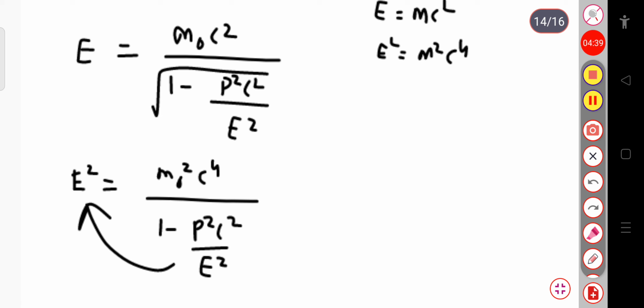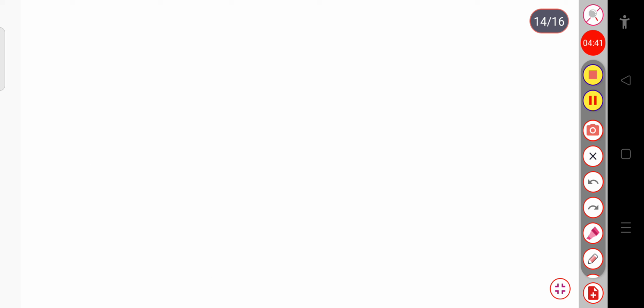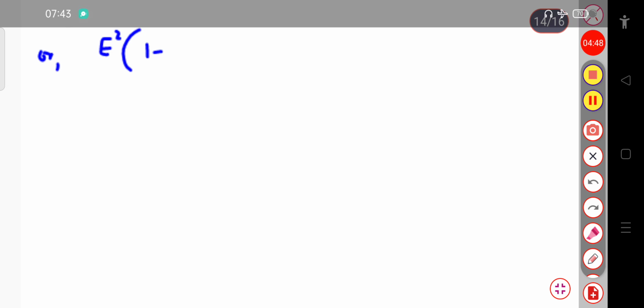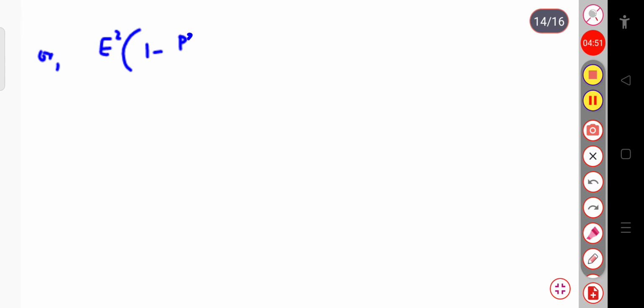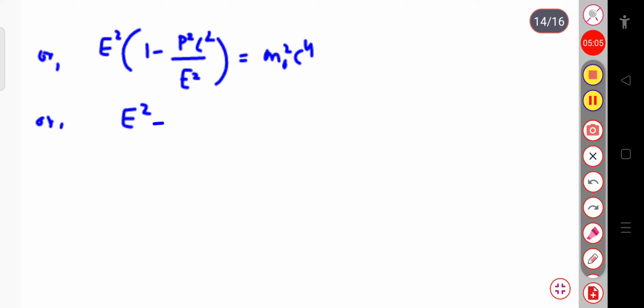So E square into 1 minus p square c square divided by E square is equal to m naught square c power 4, or this can be written as E square minus p square c square equal to m naught square c power 4.